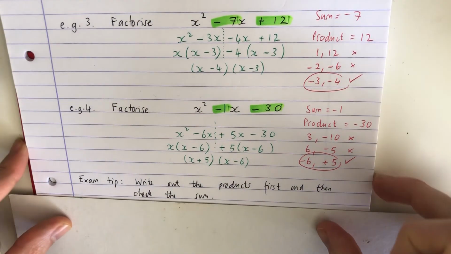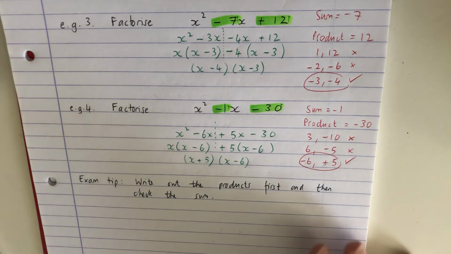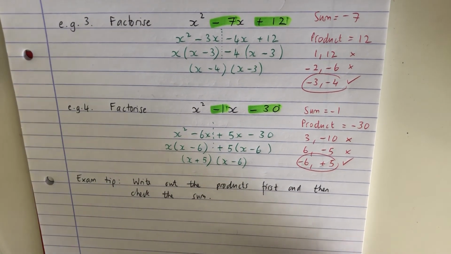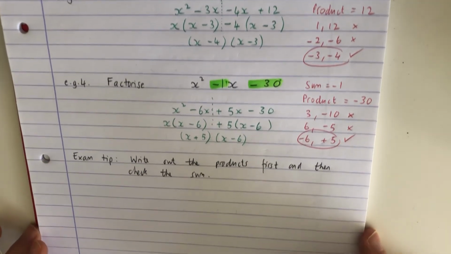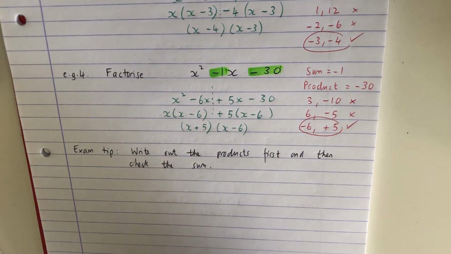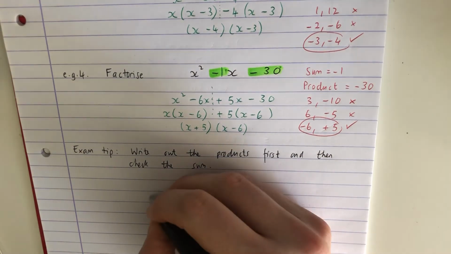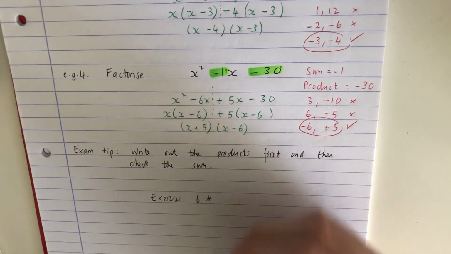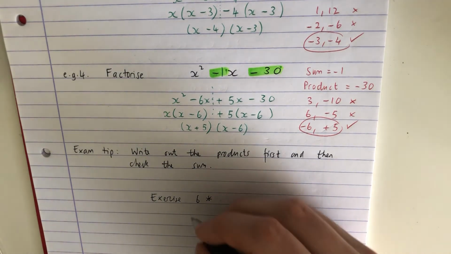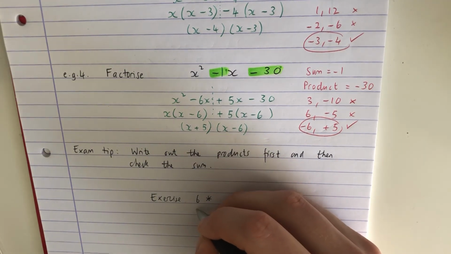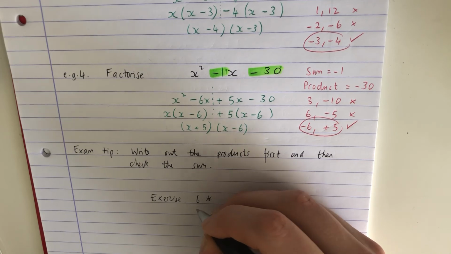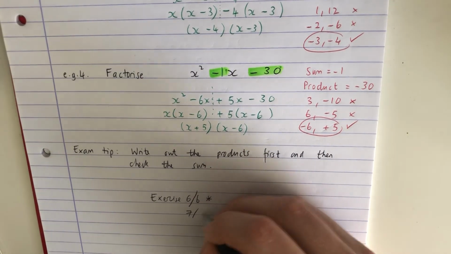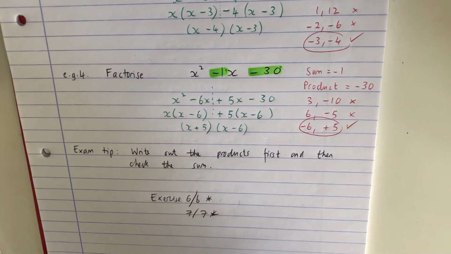Okay, so I'd like you guys to try some questions from the book now. So, let me think about this. What do we want to do? Exercise 6-star, and exercise, actually I'll give you the choice. 6 or 6-star, 7 or 7-star.